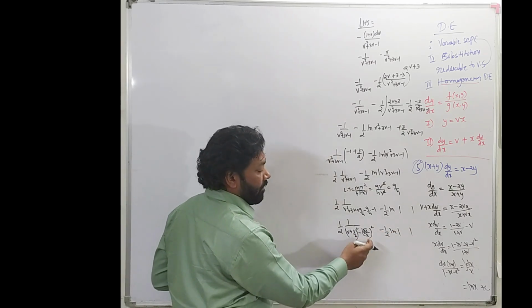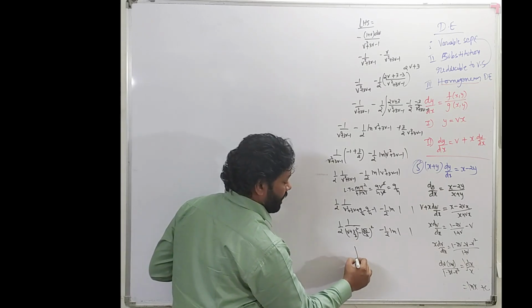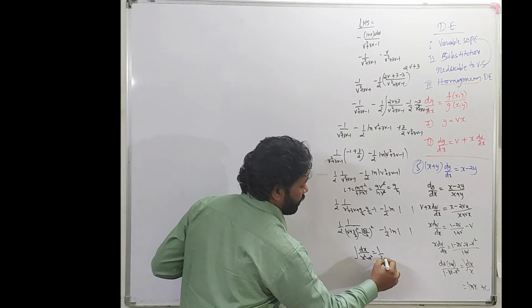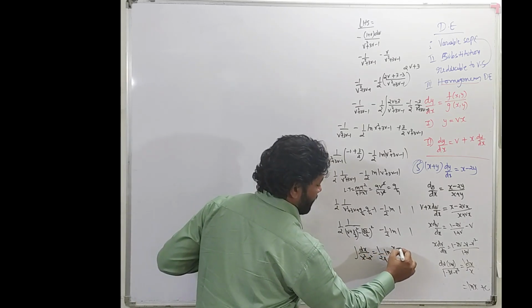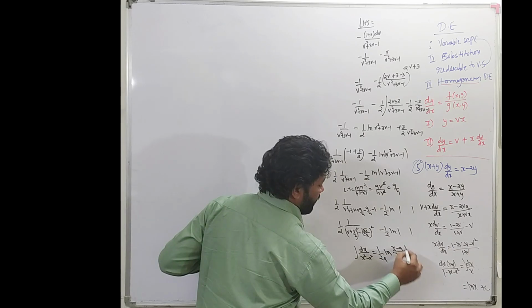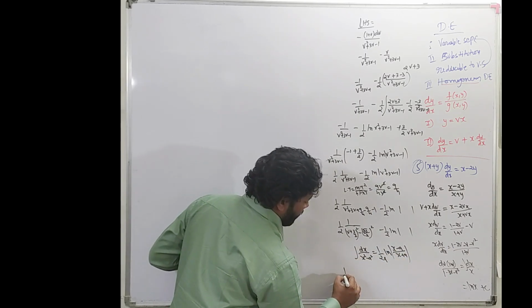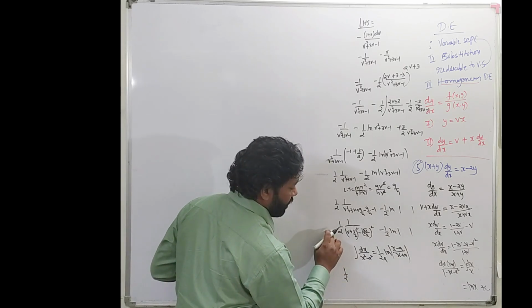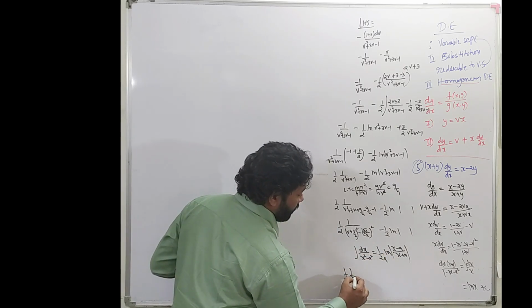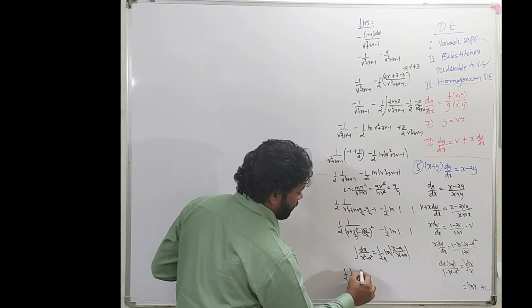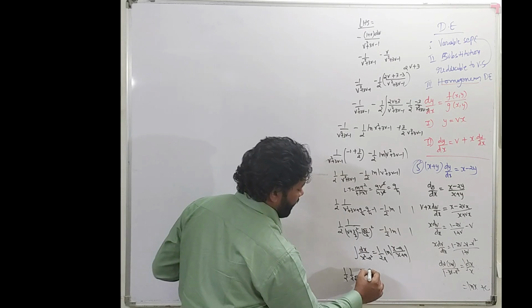So this thing is in the format of x square minus a square, right? So integration of 1 upon x square minus a square will be 1 upon 2a ln x minus a upon x plus a. So let's use this formula. So this integration will be solved as half was there already. Then 1 upon 2a, a is square root of 13 by 2, ln x minus a.